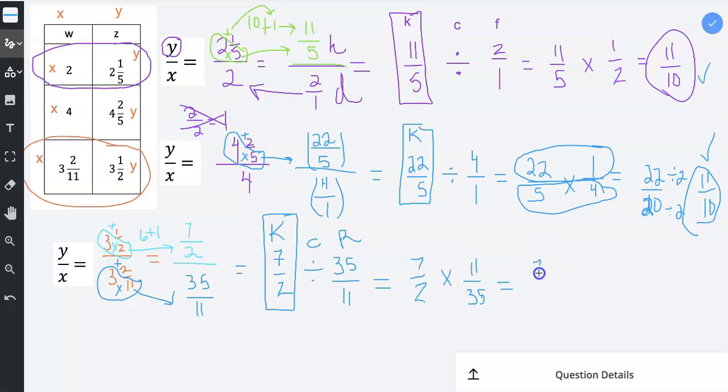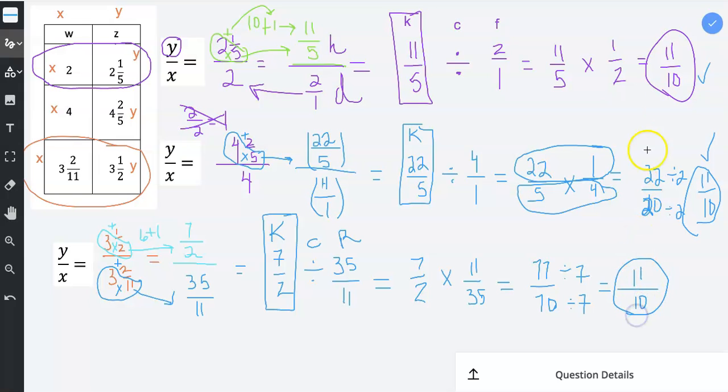And I end up with 77 over 70 when I multiply the numerators together and the denominators together. I recognize that 77 and 70 are both multiples of 7, so I can divide them each by 7. 77 divided by 7 is 11, and 70 divided by 7 is 10.